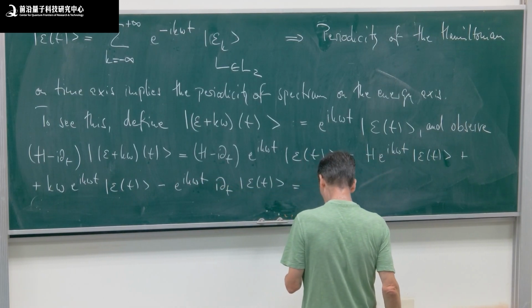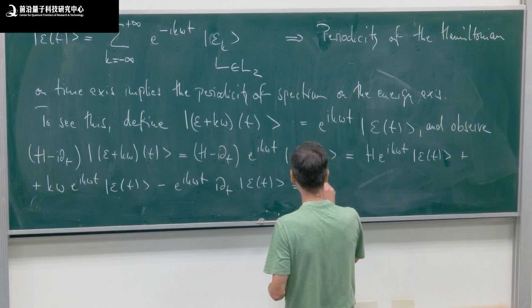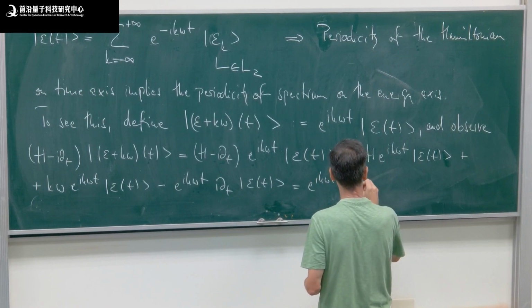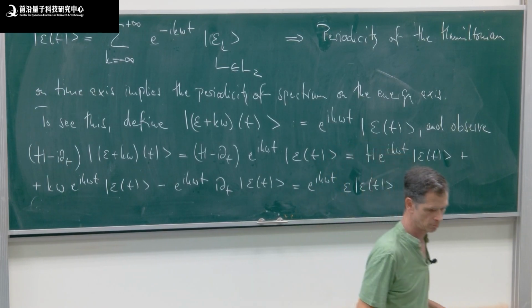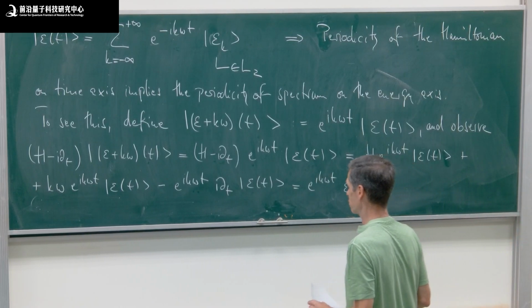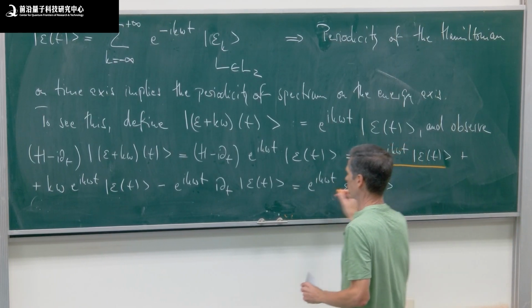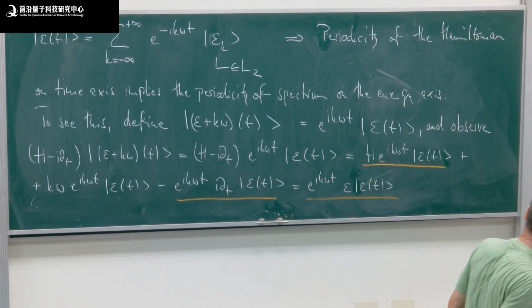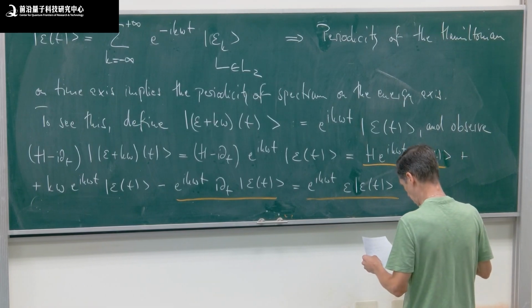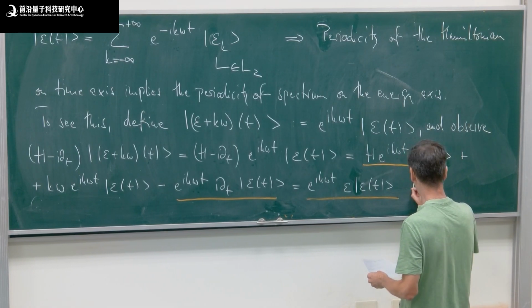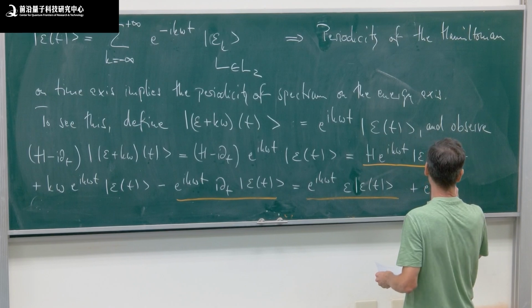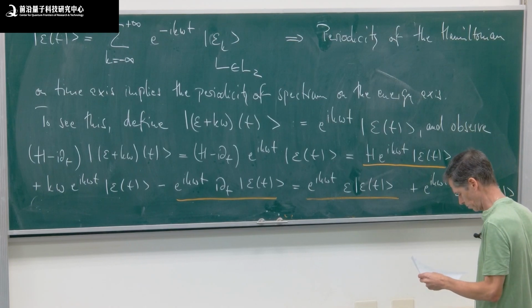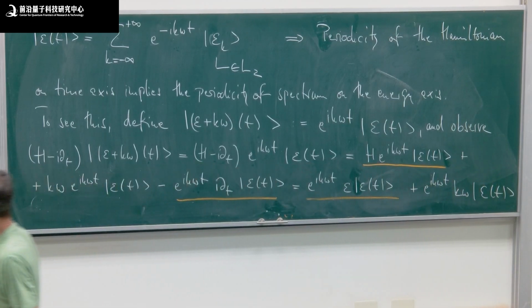So I get e to the i k omega t epsilon times epsilon of t, and then plus k omega e to the i k omega t epsilon of t.